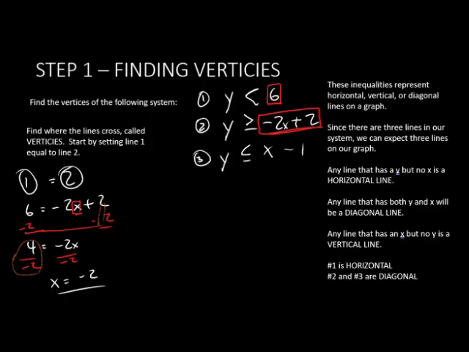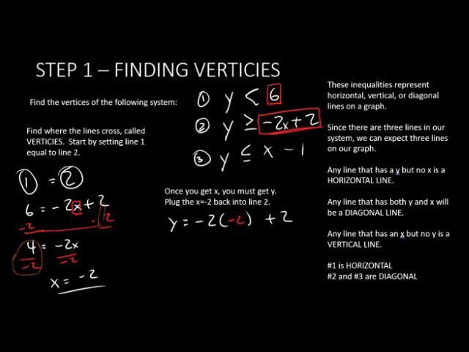Now that we have our x from setting the lines equal to one another, we have to find y as well. We're going to use our expression from line 2 to figure out what that is by plugging negative 2 back into line 2. Therefore, we will have y equals negative 2 times x plus 2. However, our x is negative 2.